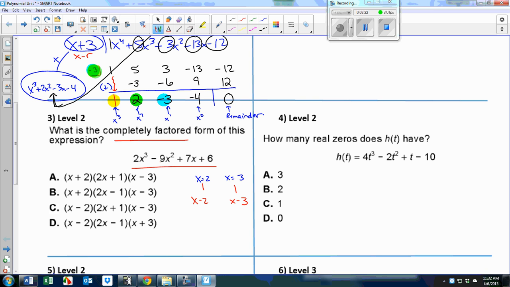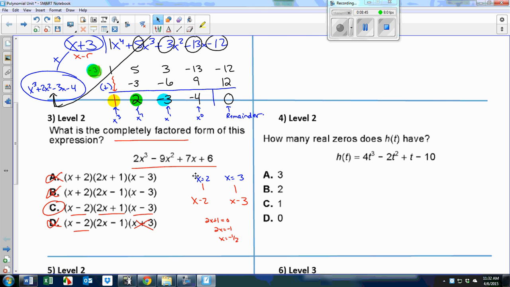So we're looking for, let's see, x minus 2 and x minus 3, x minus 2, x plus, nope, nope, nope. So that's enough to answer this question. But just for the sake of review, if 2x plus 1 is the other factor, 2x plus 1 equals 0 when you subtract 1, divide by 2, -1/2.